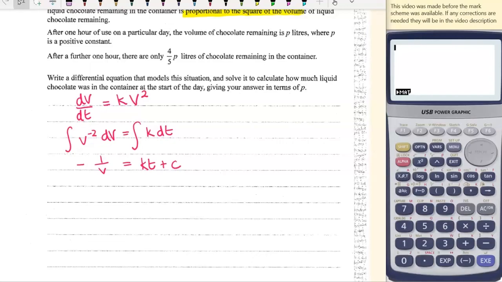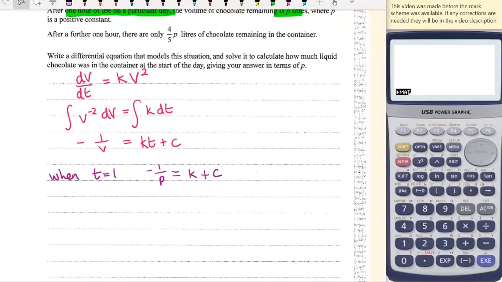Okay, now, information in the question. After 1 hour, the volume is p. So when t equals 1, we can put the volume in for V as being p. So minus 1 over p is equal to k times 1 plus c.